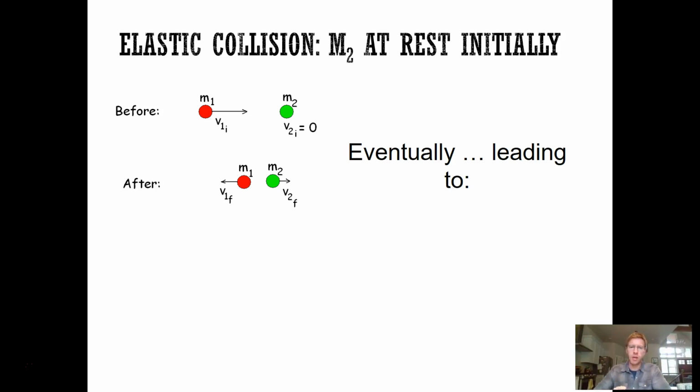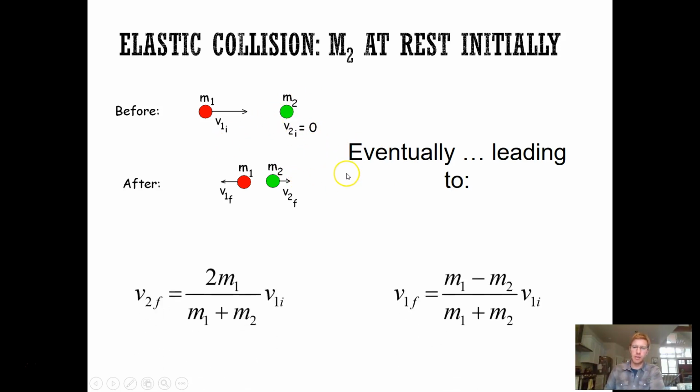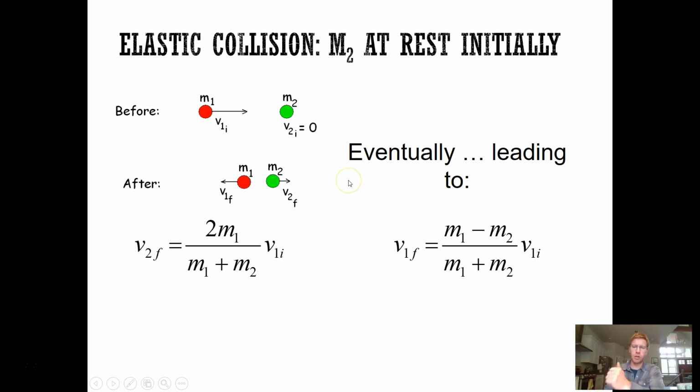So if you have a completely elastic collision, for example, if one of your masses starts at rest and they collide elastically, using the combination of conservation of momentum and conservation of kinetic energy, you can get some really simplified equations. For example, you can solve for the final velocity of the second mass, the one that starts at rest, as being simply equal to 2 times the first mass divided by the total mass of the system, multiplied by whatever the initial velocity of the first mass is.